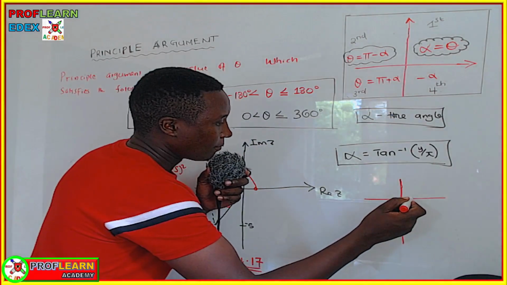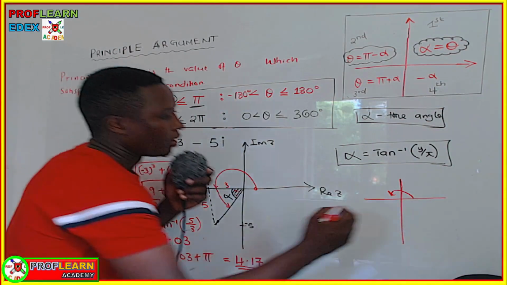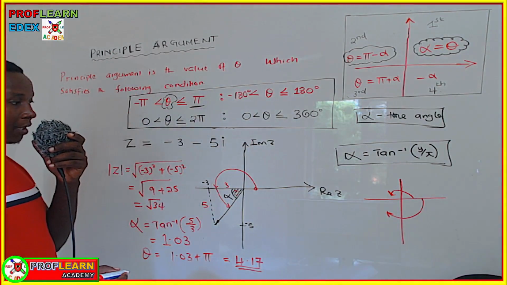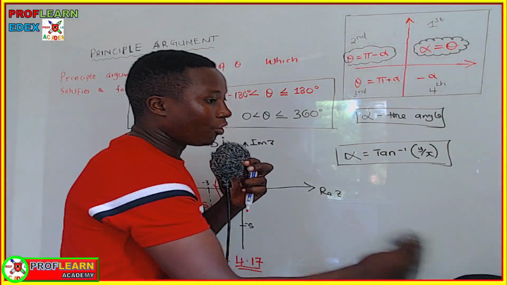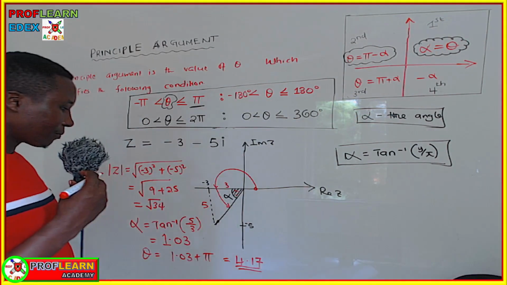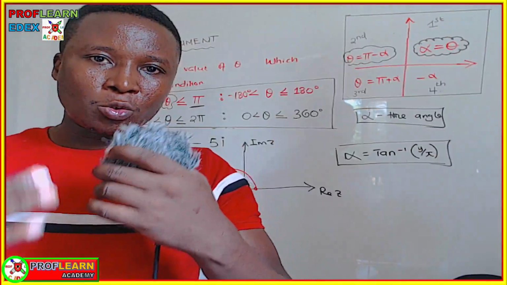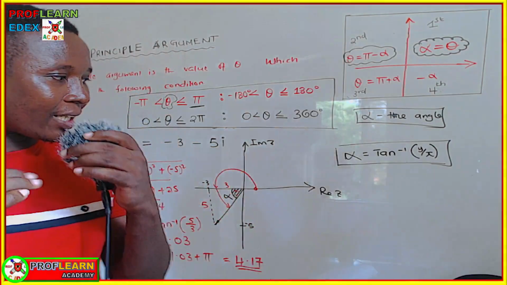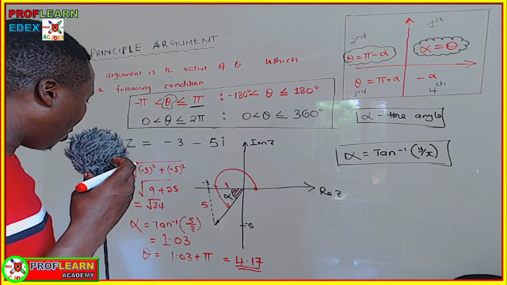If you are moving in that direction, those are positive angles; if you are moving in the negative direction, those are negative angles. Maybe we'll talk about it later, but right now I want you to focus on understanding how to find the principal argument, because whenever you are converting complex numbers to exponential form or modulus argument form, the angle you are going to use is the principal angle.